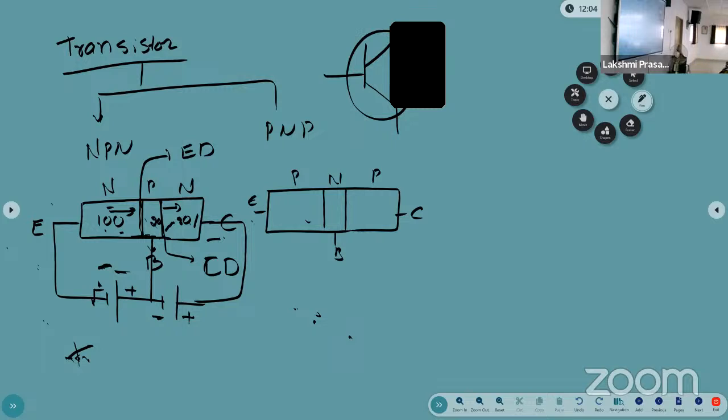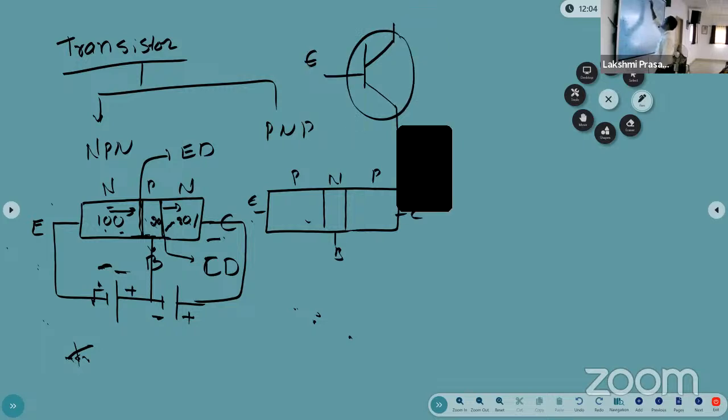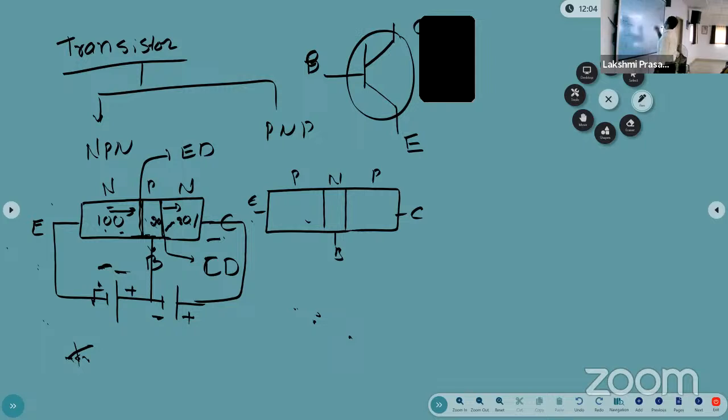I draw the circle. The circle is not important here. Only the three terminals. The terminal 1, terminal 2, terminal 3. This terminal is called emitter, and this terminal is called base, and this terminal is called collector. The three terminals.